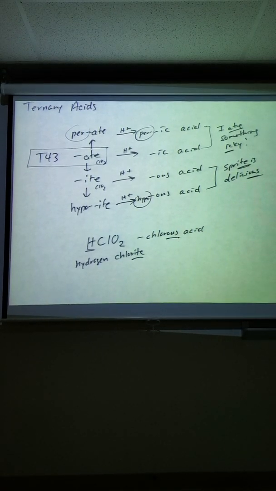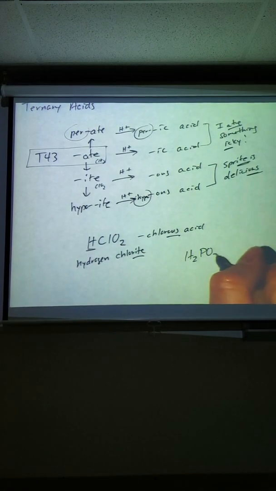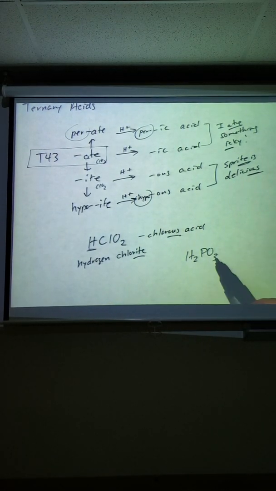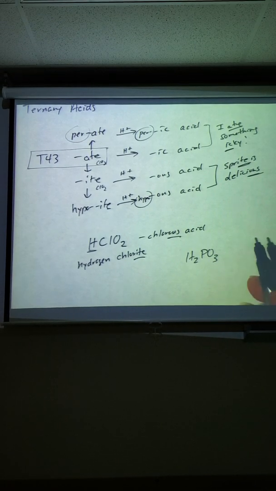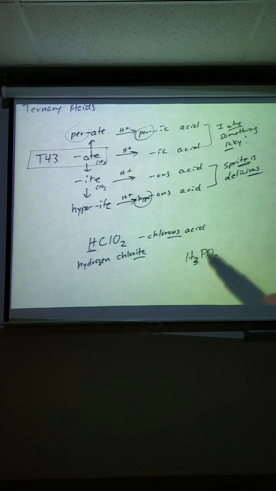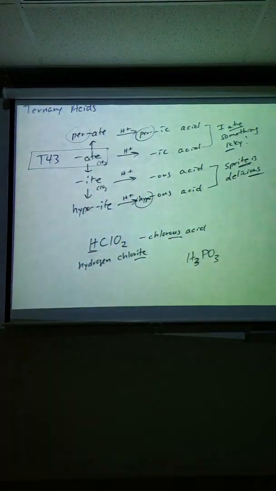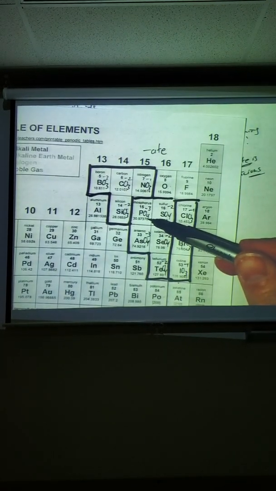If I were to give you something like H3PO3, same kind of idea. What's important over here is we have 3 oxygens. How does it relate to the -ate ion? Let's look for phosphorus. Phosphorus happened to be in the 4 box.